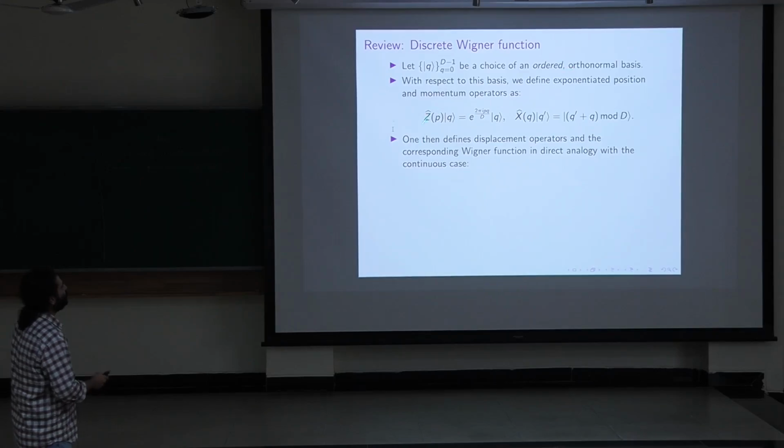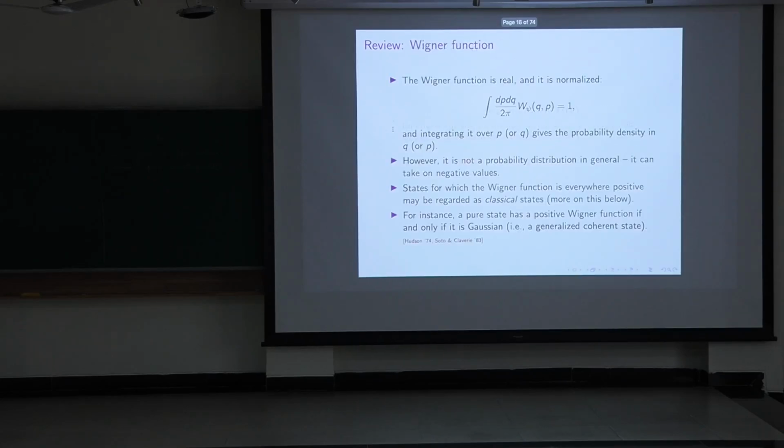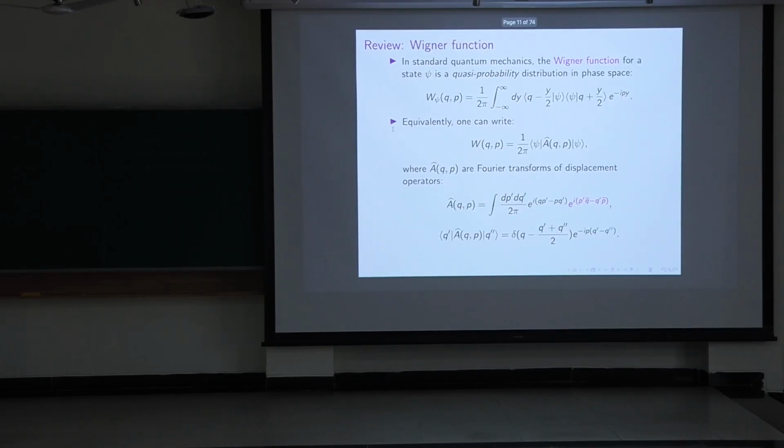Once you have these exponentiated position and momentum operators, you then define the Wigner function in direct analogy with the previous case. So this is the definition of the Wigner function in the discrete case. You'll hopefully recognize the analogy or the similarity with this formula here in the standard quantum mechanics case.